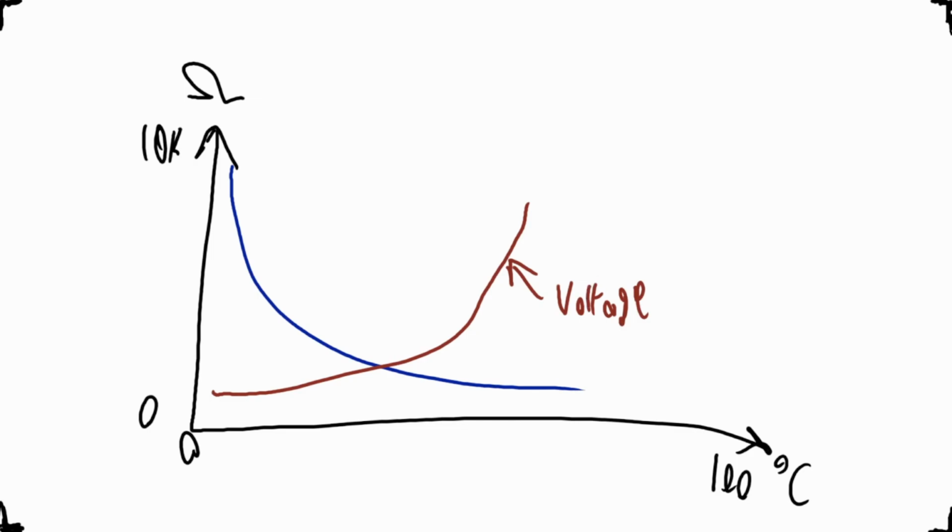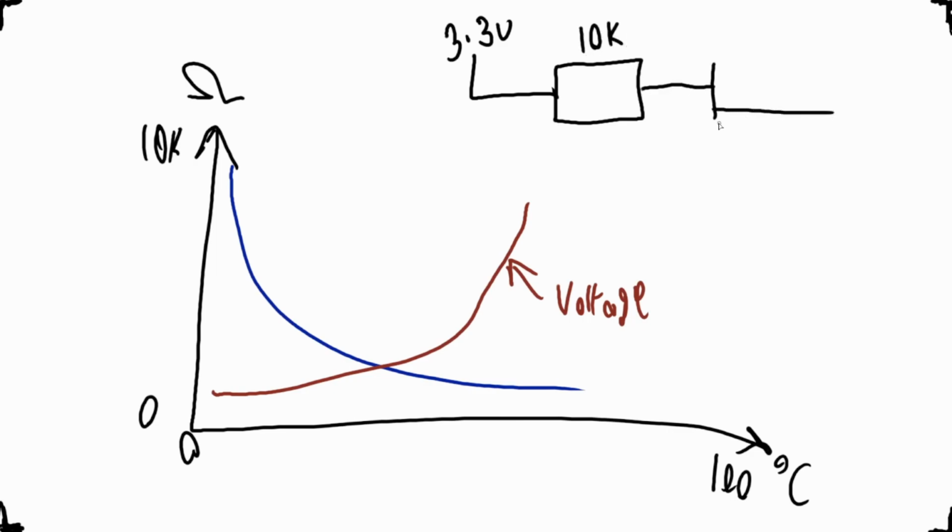Now, as a reminder, really quickly, just to be exact about what I mean when I say the voltage: when we made the divider earlier, we had 3.3 volts coming in, going into a 10 kilo ohm resistor. Then we had it going into our thermistor, and then out to ground.